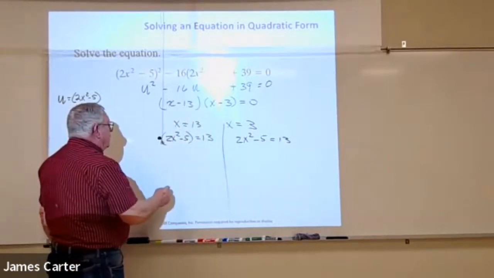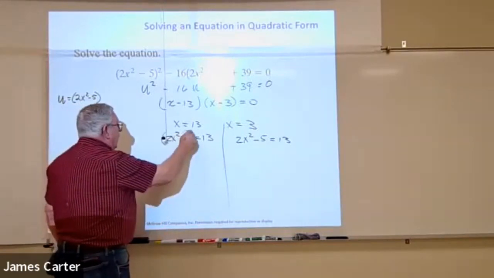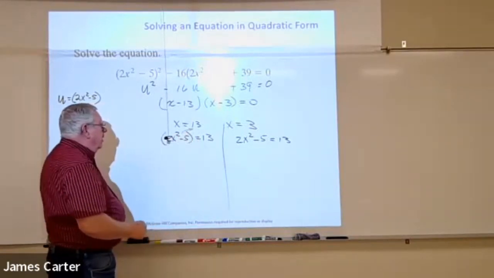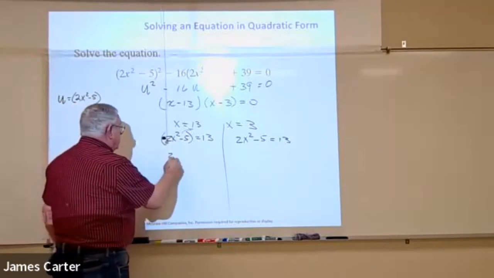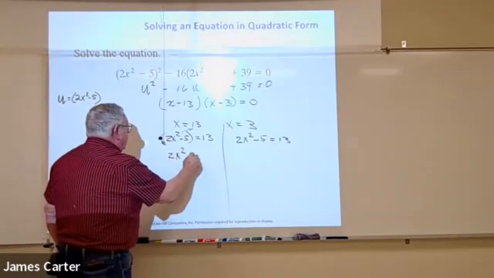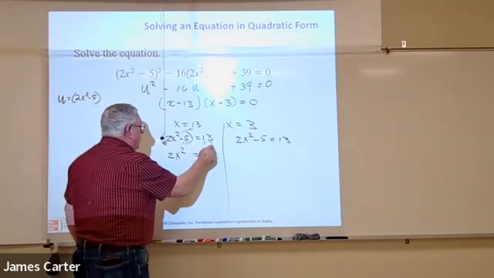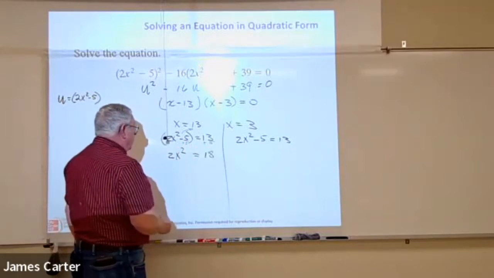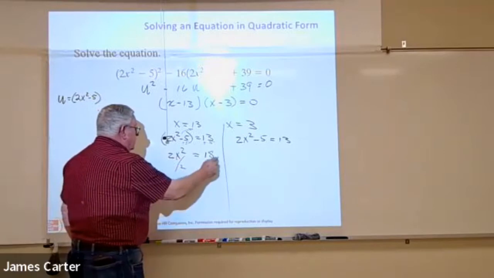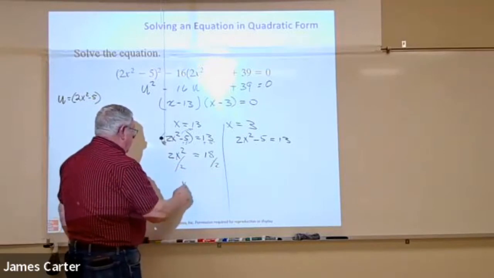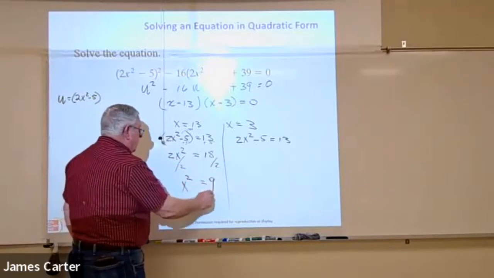Well, in this case, I need to take this 5 over that way. So 2x squared equals plus 5 plus 5, 18. Divide both sides by 2, and I get x squared equals 9.